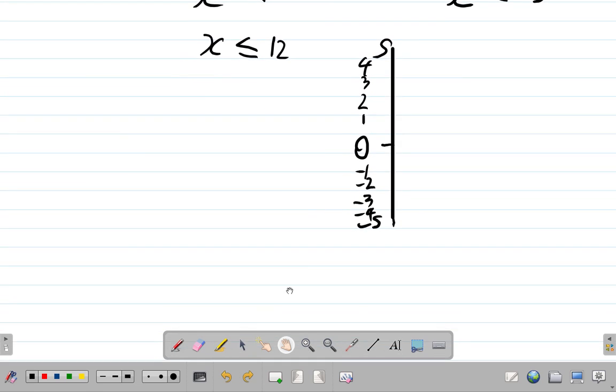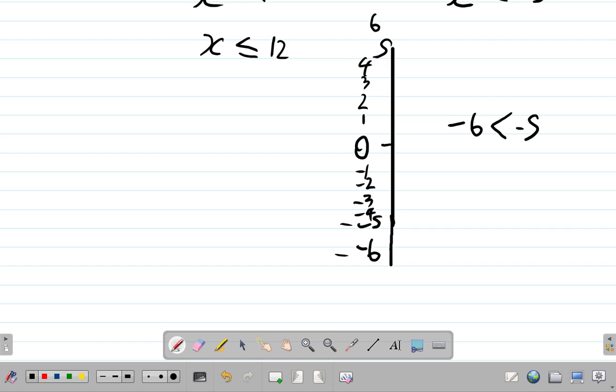In terms of the thermometer, greater than means warmer than. Less than means colder than. So negative 6 is here. Negative 6 would be colder than negative 5. Negative 6 is less than negative 5. As you can see, negative 6 is below negative 5.